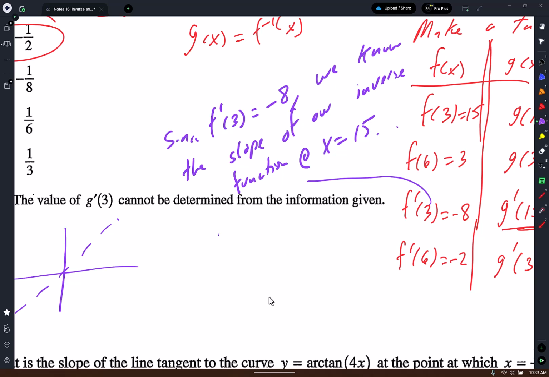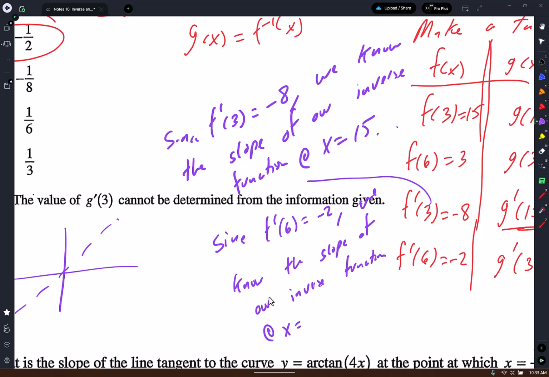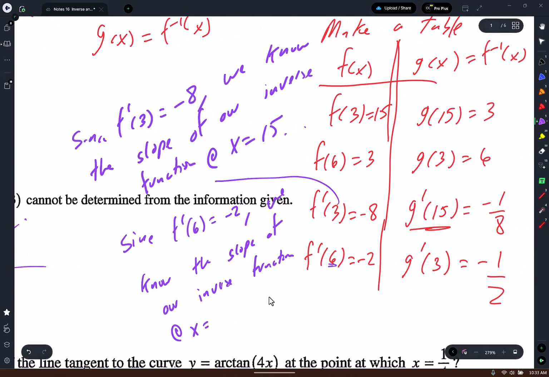And then since f prime of 6 equals negative 2, we know the slope of our inverse function at x equals 6. What's the y value?